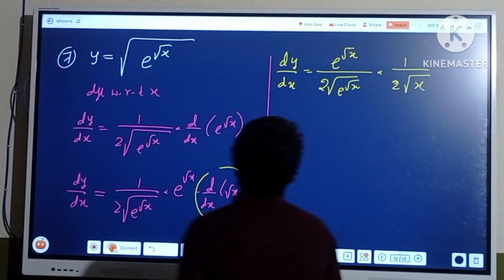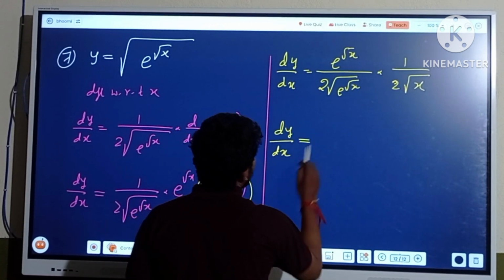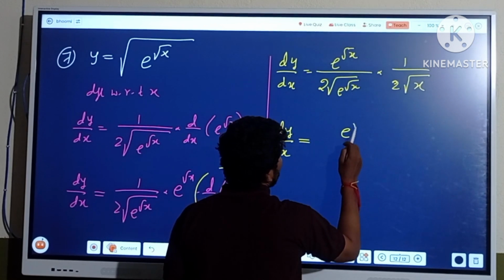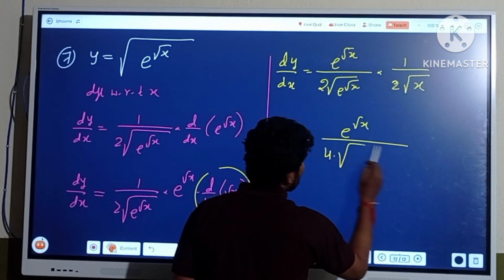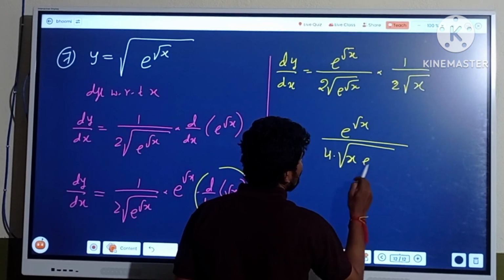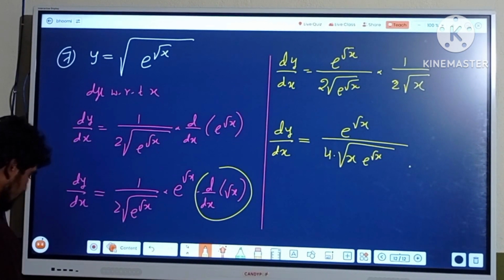So, the final answer for the derivative of y with respect to x is e power root x divided by 2 into 2 into square root of x into e power root x, that is 4 into square root of x into e power root x. I hope all of you understood.